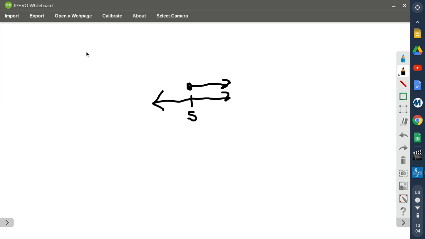And so let's say the instructions say, solve and, I'm just going to do a plus, write in interval notation.